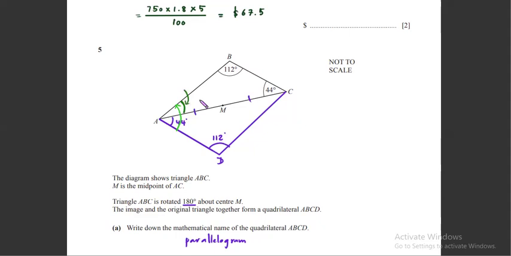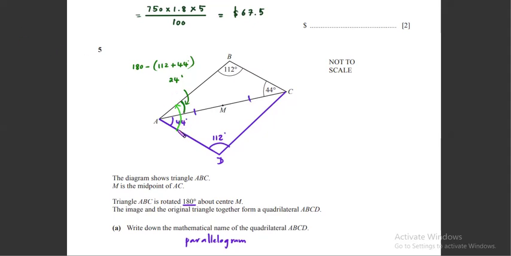To find this part of the angle, we need to make use of this triangle ABC, where 2 angles are known to us, and we are trying to find the third angle. To find the third angle, from 180 degrees, we need to deduct both 112 and 44. When we deduct both 112 and 44 from 180, we get 24 degrees. This is the value of this angle that we have here.